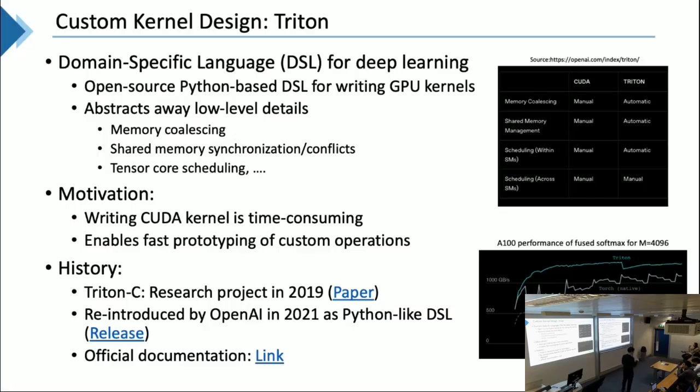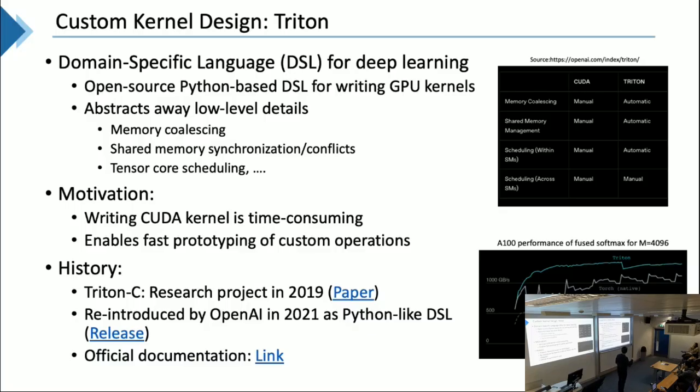The key idea behind Triton is that it abstracts away the low-level details. For example, you will not have fine-grained control over thread IDs. You will not have this concept. And it will do memory coalescing, shared memory synchronization, and tensor core scheduling, everything automatically for you.